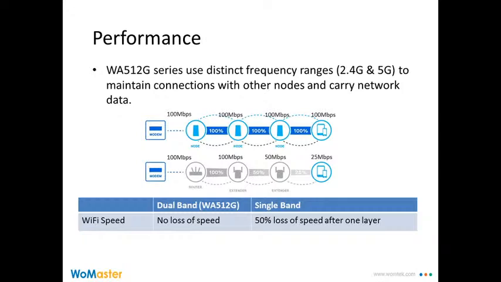Another benefit is the higher performance of the WA512G series. In the typical architecture, with a single band, the throughput will be shared by the uplink and downlink at the same time, so the performance goes down with each hop.